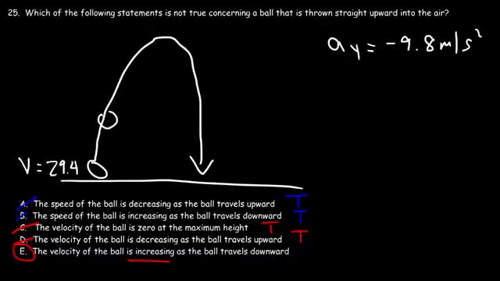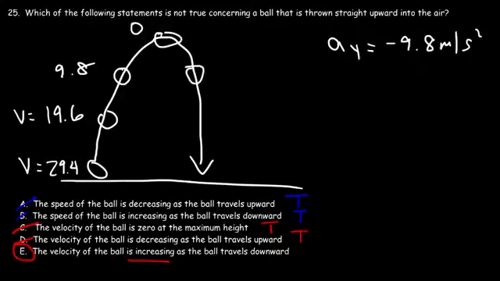So 1 second later, it's going to be 19.6. And then another second later, it's going to be 9.8. And at the top, the vertical speed is going to be 0. And then another second later, the velocity is going to be negative 9.8. And another second later, the velocity will be negative 19.6.